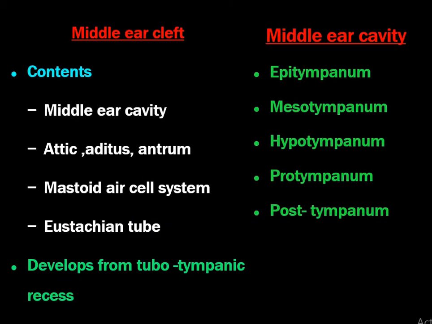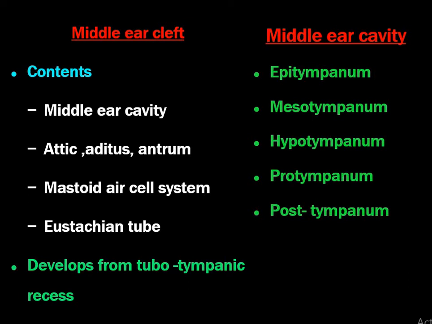Coming to the anatomy of the middle ear, the middle ear cleft contains the middle ear cavity, aditus, petrous, and antrum, the mastoid air cell system, and the eustachian tube. The middle ear cleft develops from the tubotympanic recess. The middle ear cavity is the part of the middle ear cleft, and it is composed of the epitympanum or attic, mesotympanum, hypotympanum, protympanum, and posttympanum.